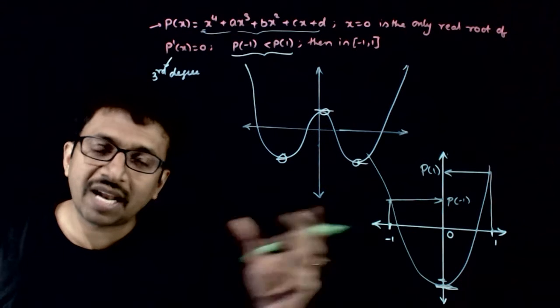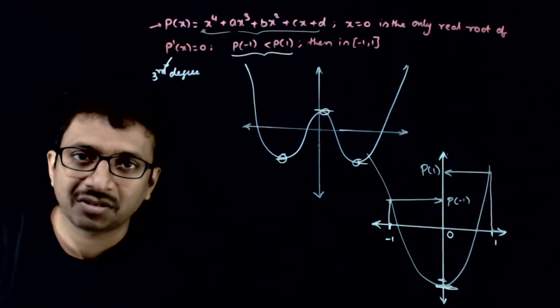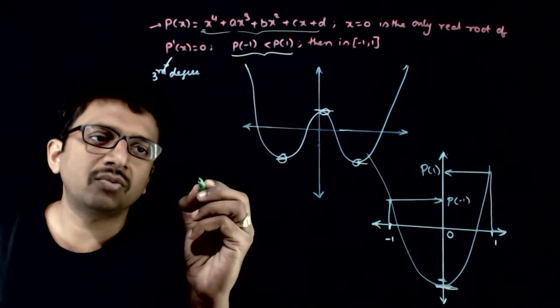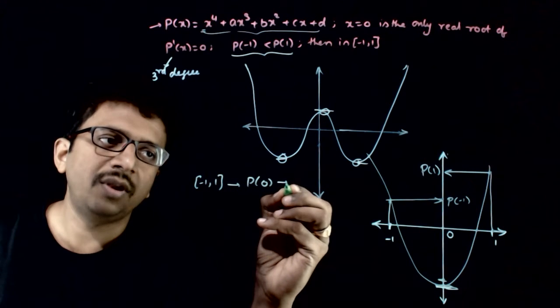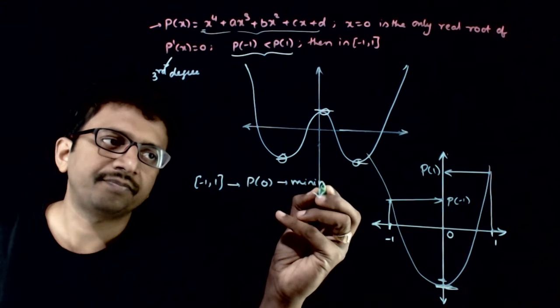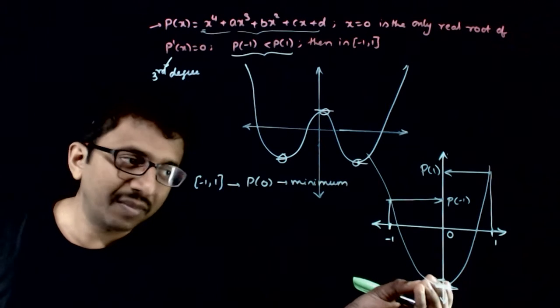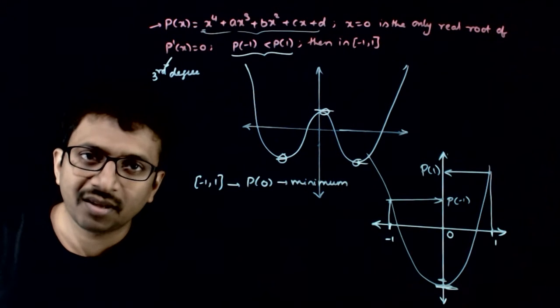So now if this graph is like this, what can you say about the maxima and minima of this function in the interval minus 1 to 1? Obviously in the interval minus 1 to 1, p of 0 will be the minimum, because this is a local minima and after that the function is increasing.